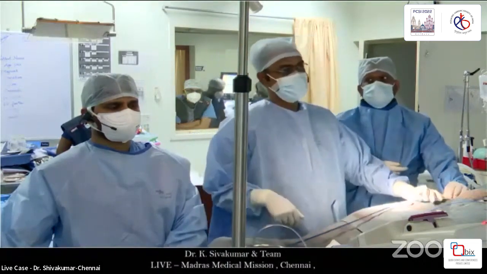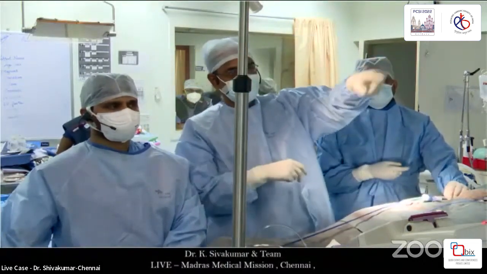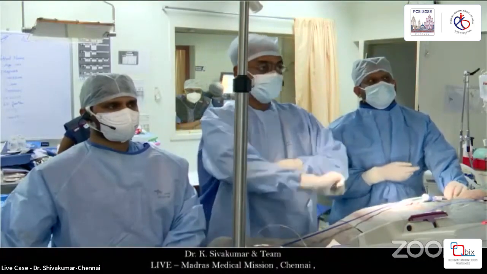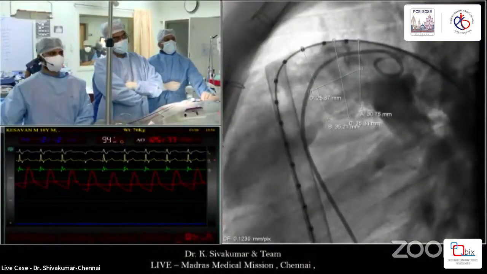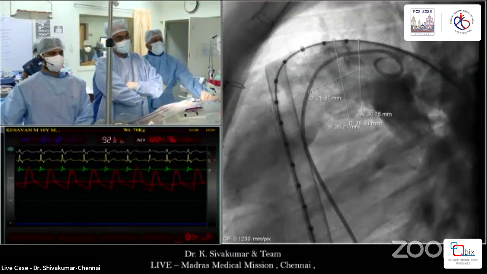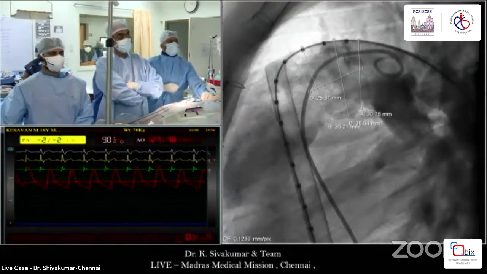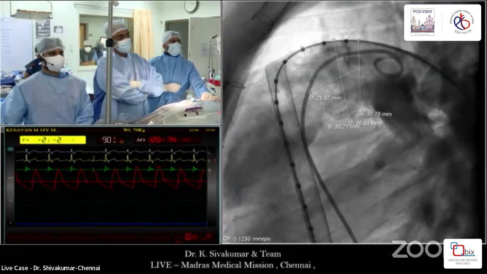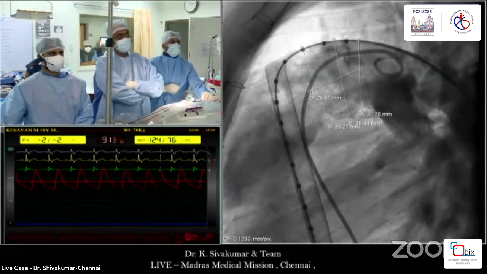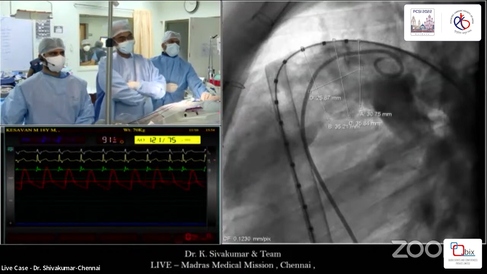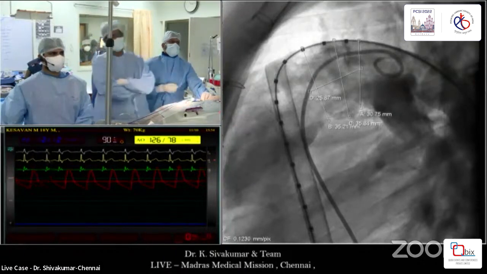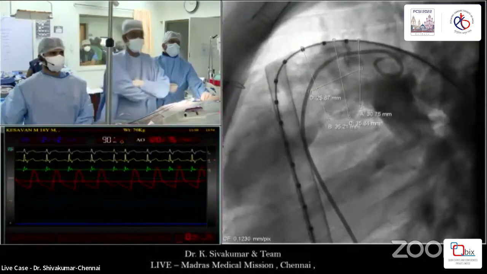We have to understand one thing here. You just see this one particular image that is shown right now. Can you show this picture again? See, this is a picture where my Lunderquist wire is actually stretching the right ventricular outflow tract superiorly. So we can obviously understand that the supra-inferior dimension of the outflow tract here has to be larger, whereas the transverse diameter, like what probably we will be getting in an AP view, will be smaller.